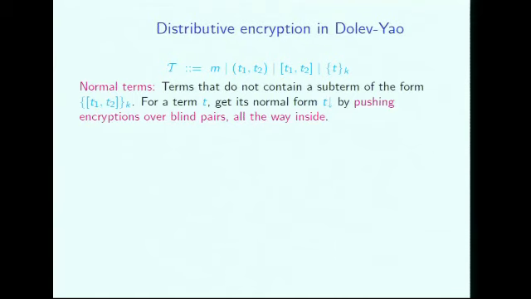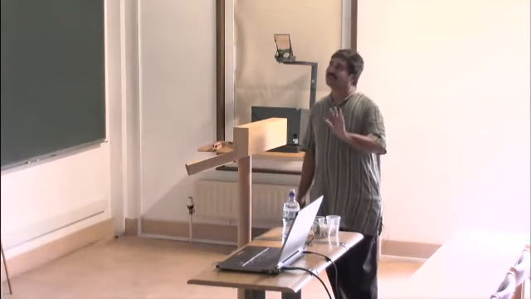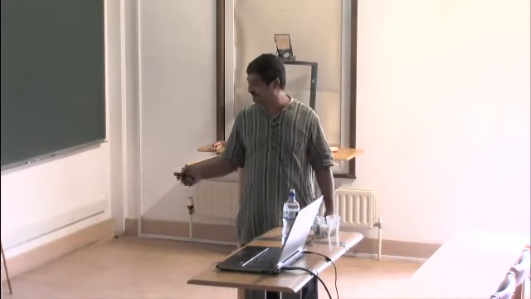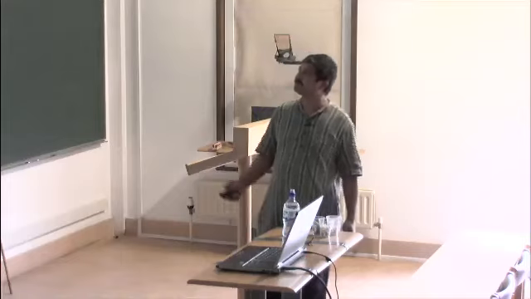But with the blind pair come these extra equations where encryption distributes across the blind pair. So we define a notion of normal terms. These are terms where you always push encryption through as much as you can, all the way inside, and that's a normal term. So we work only with normal terms.